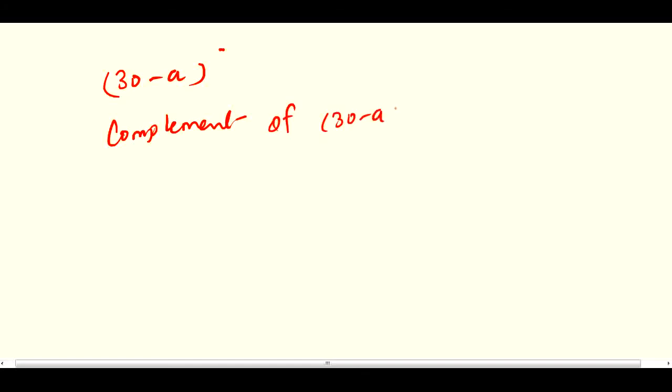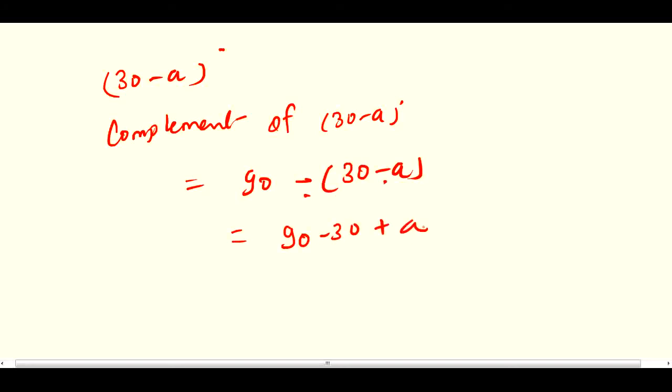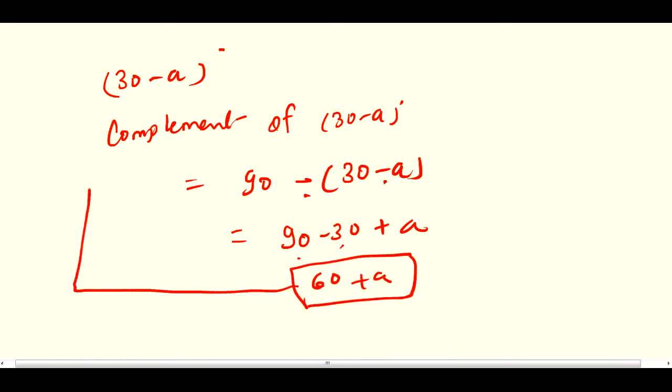Then complement of 30 minus a degrees equals 90 minus, in bracket, 30 minus a. Now remove the bracket, so 90 minus 30, and this minus will be plus a. So 90 minus 30 is 60 plus a. So 60 plus a will be the complement of 30 minus a.